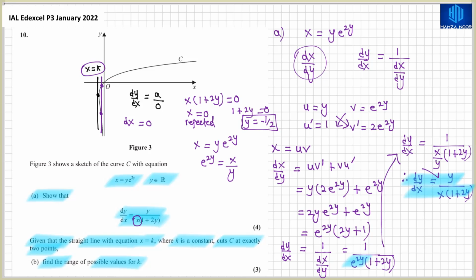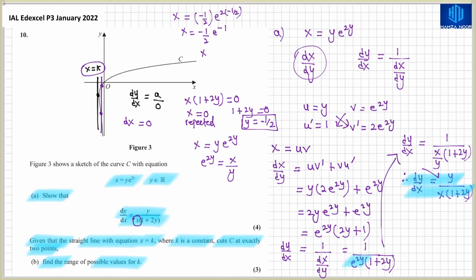So now I'm going to substitute y equals minus half into the equation of the curve. So I'm doing the working on the top. So x equals minus half multiplied by e raised to the power 2 times minus half. Therefore we can say that x equals minus half multiplied by e raised to the power minus 1.